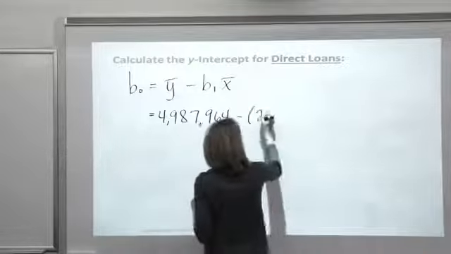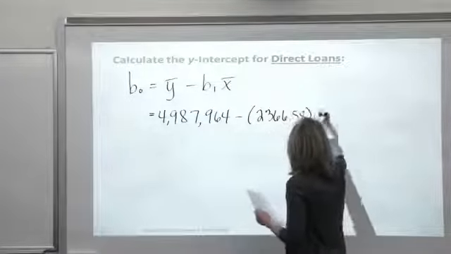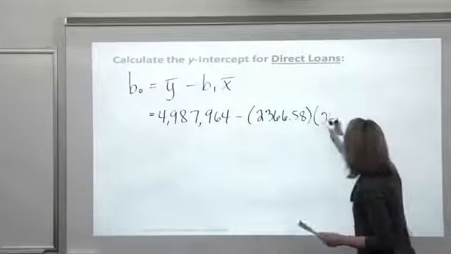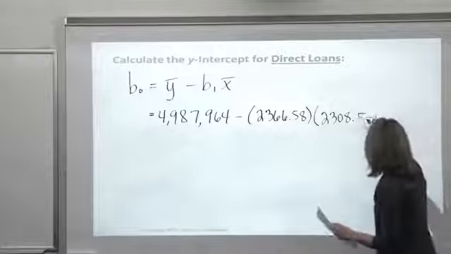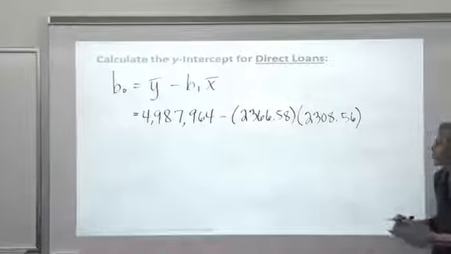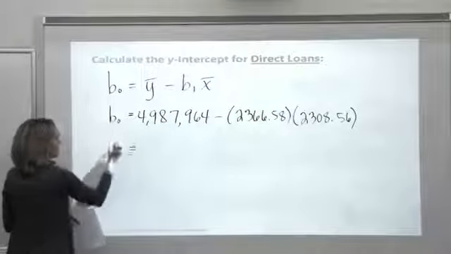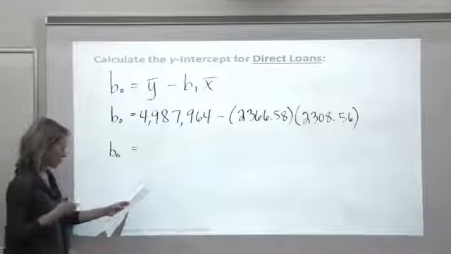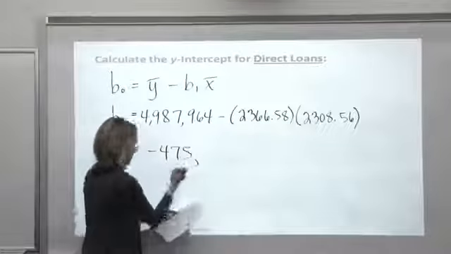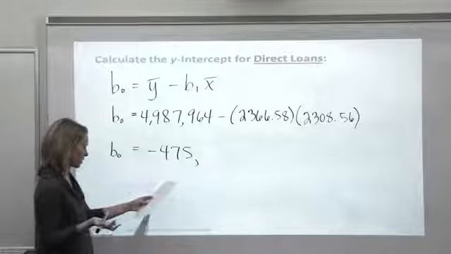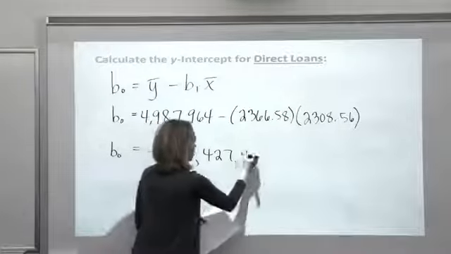We found that the slope was 2,366.58. And then the average x value was 2,308.56. And if you work that out, compute this, we get a y-intercept value here of negative 475,427.93.